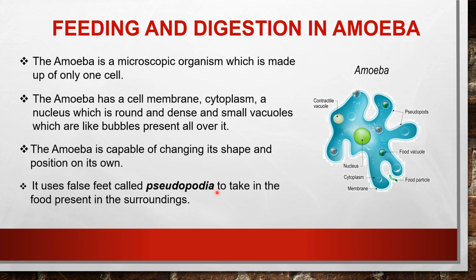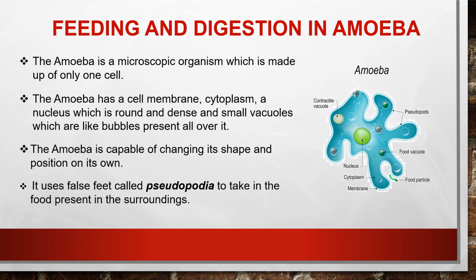So that pseudopodia is a false feet. That is not a real feet. That is a false feet. And what is the function of pseudopodia? To take in the food present in the surroundings. So any food particles near to the organism, the false feet or the pseudopodia take those food particles.